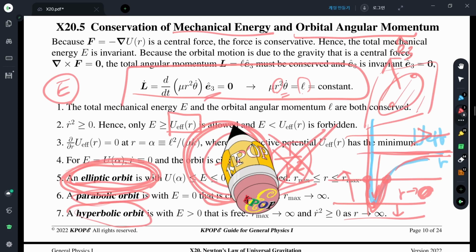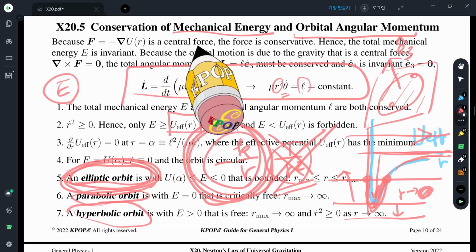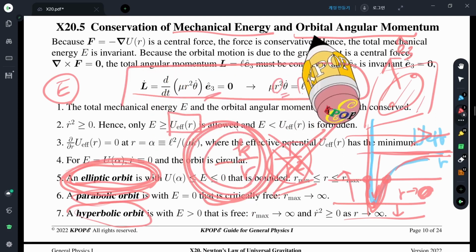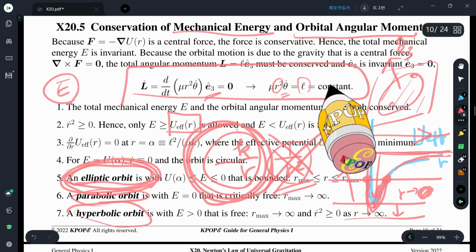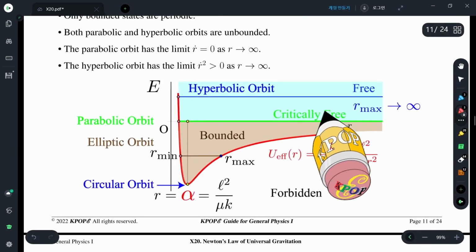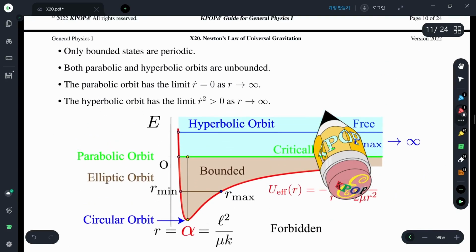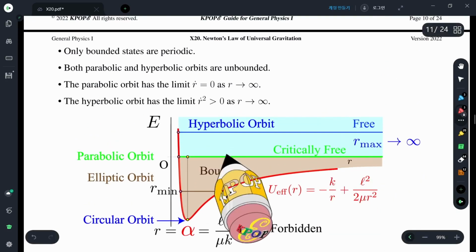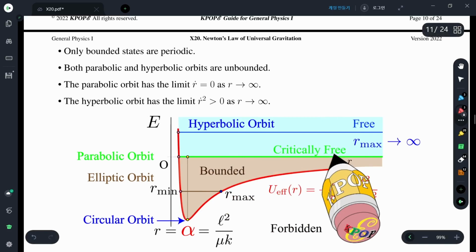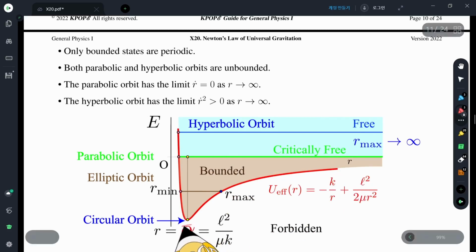And in the end, Newton's law of motion and Newton's law of gravitational force, which shows the inverse square law, allow the conic section orbit. Now I have shown every kind of allowed orbit. This is a circular orbit, minimum energy.